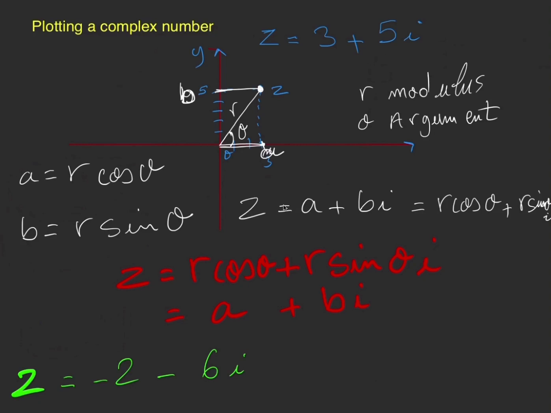So the first number, in x, we have negative 2, and we have negative 6: 1, 2, 3, 4, 5, 6. This is negative 6. So the point is going to be here. This is z. It's very easy to plot, like you are plotting real numbers.